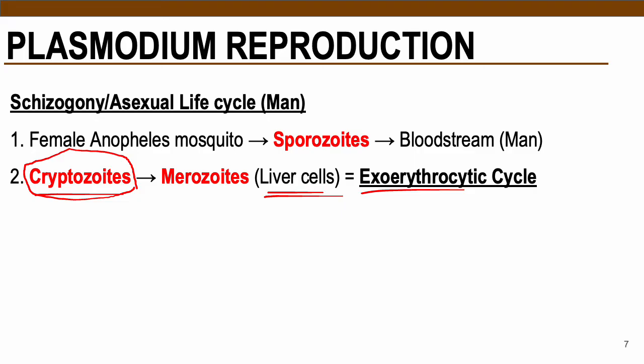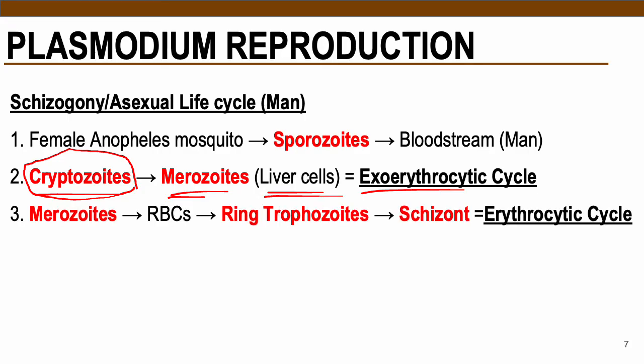After a while, the infected liver cells eventually rupture and introduce merozoites into the circulating blood. These migrating merozoites will target age and size specific red blood cells to invade, thereby initiating the phase of reproduction involving a red blood cell, or what we call the erythrocytic cycle.